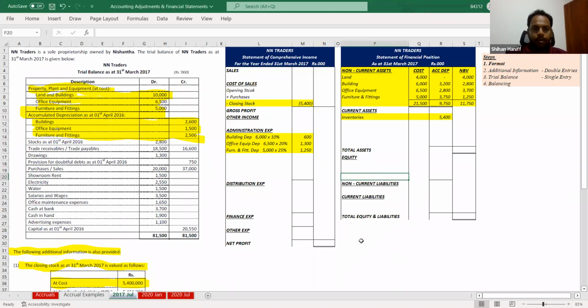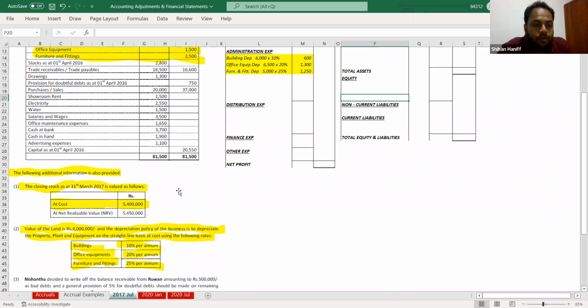I hope it's clear. So for all the questions, we follow the same method. Additionally, there can be disposals, new purchases, and also reducing balance method depreciation. Later I will explain that.